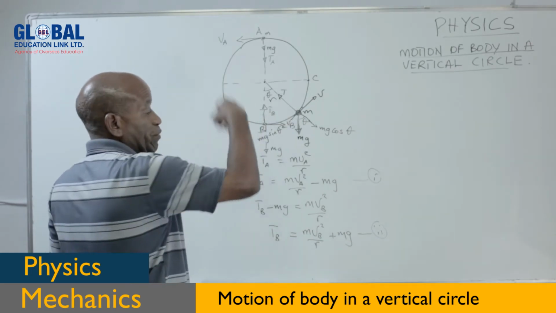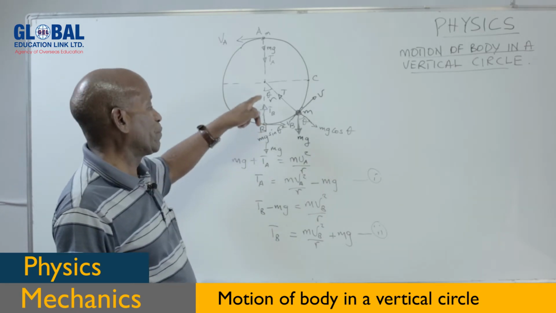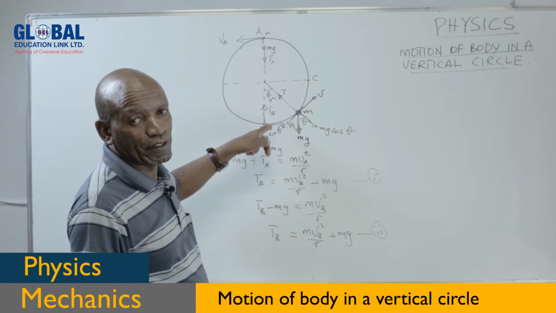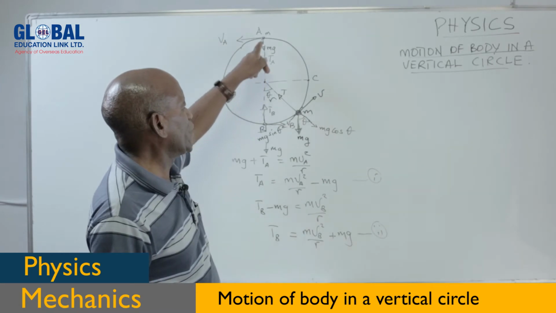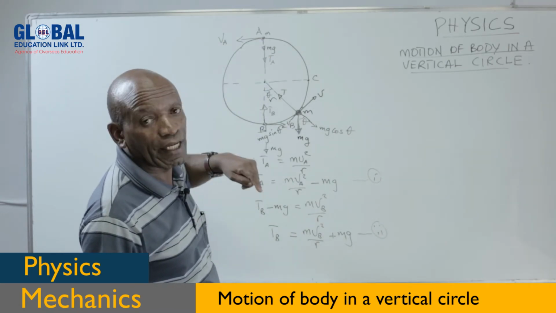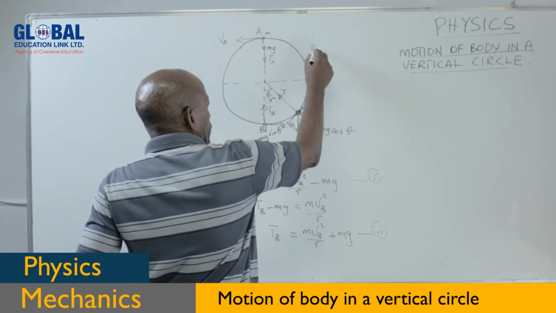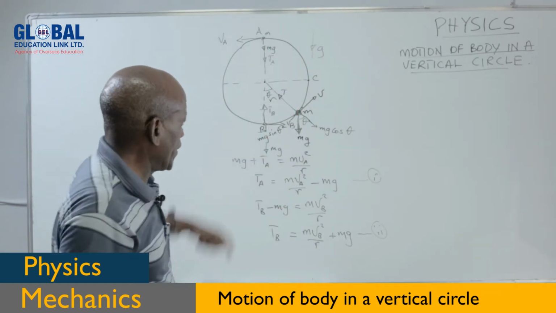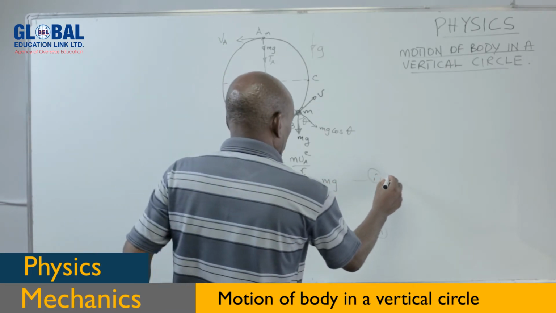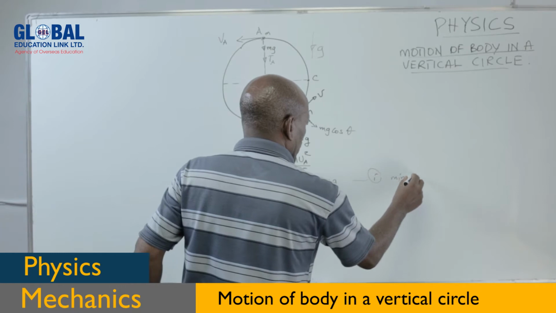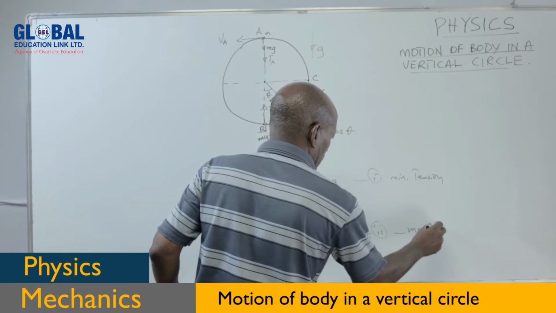So whenever the body is moving in a vertical circle, the tension developed in the string at the lowest point is the maximum tension, which is T_B, and the minimum tension is obtained whenever the body is passing at the top point, that is at point A. Remember that the acceleration due to gravity is always acting in the negative y direction. So we take this as the minimum tension, and this as the maximum tension.